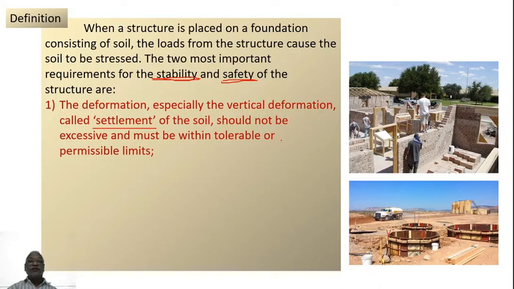So that is the point. Now the settlement, how much is that? Is it within the tolerable, permissible limits or not? This is the point of concern. So stability depends upon a character like settlement.